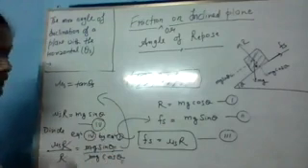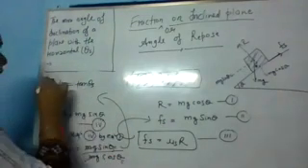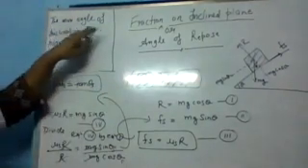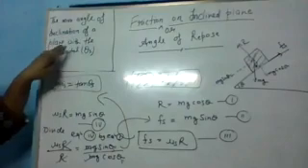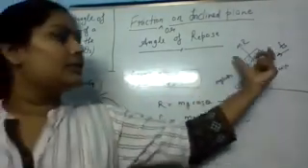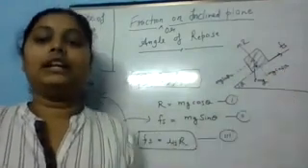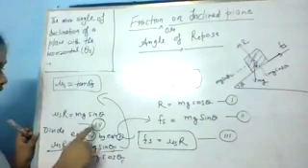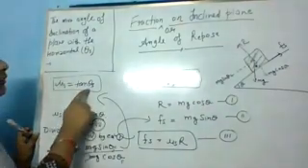This theta s is the minimum angle of inclination of a plane with the horizontal, at which if the body is placed, then it begins to slide. This theta s is called the angle of repose.